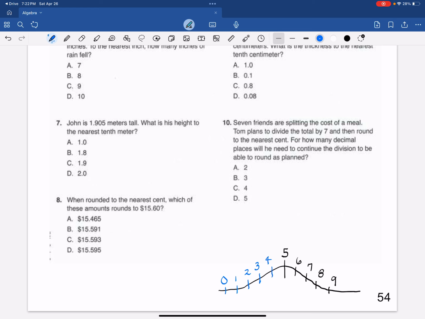So from 5 to 9, we're going to call that the round up side. And from 4 down to 0 is the stay side. So round up. And you're always looking at the neighbor.